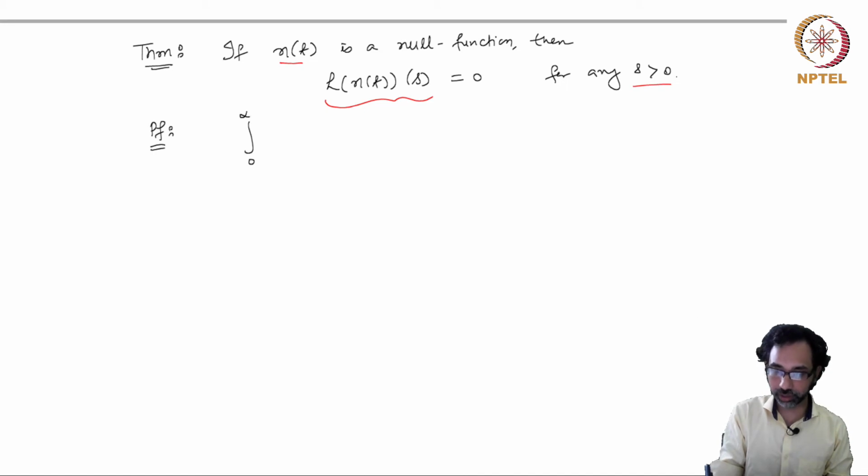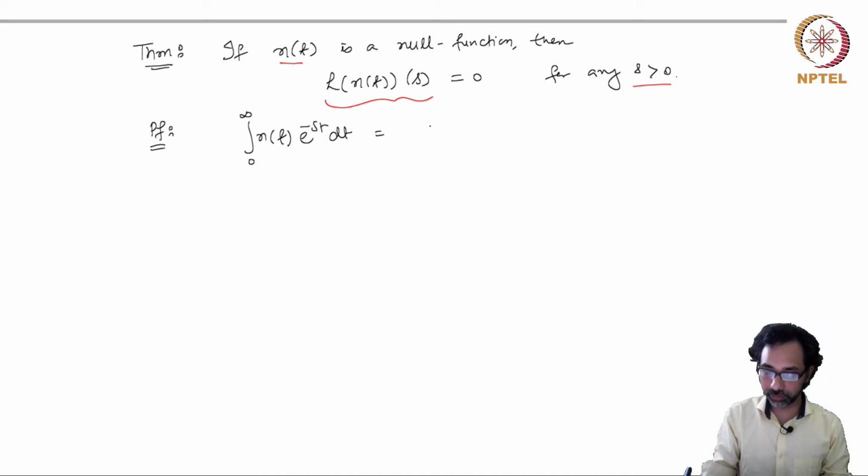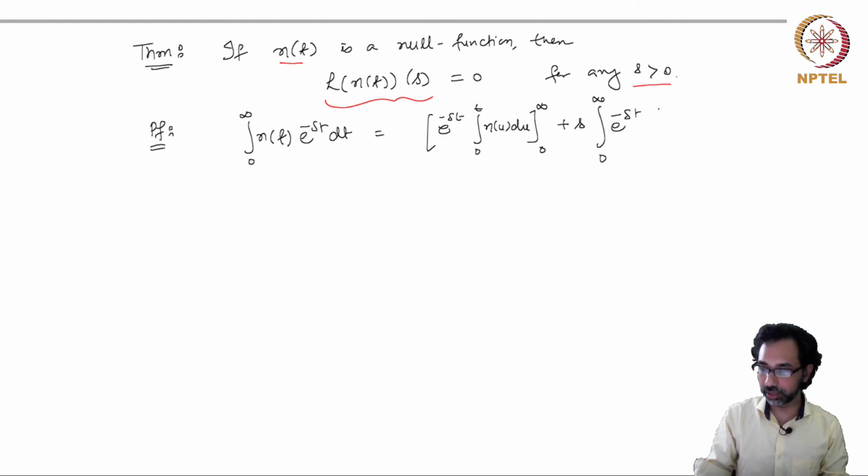So we write our Laplace transform as the integral of n(t) exponential minus st dt, and by integration by parts we have the following formula. The first term is exponential minus st times the integral from 0 to t of n(u) du, evaluated from 0 to infinity, plus s times the integral from 0 to infinity of exponential minus st times the integral from 0 to t of n(u) du, dt.